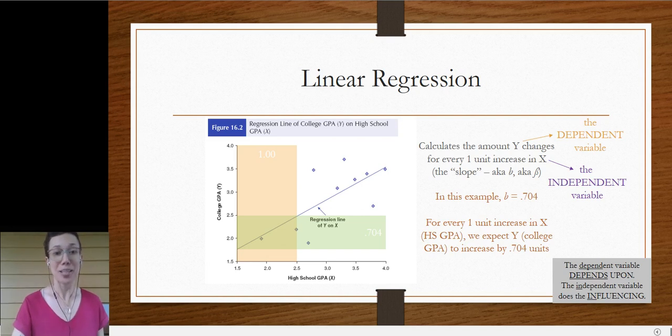All right, so this is essentially what linear regression is showing us. How much is that Y variable going to change as a result of the independent variable? How much is the dependent variable going to change as a result of the change in the independent variable? I'm just repeating it a lot of times so it can start to sink in. This is essentially what it's showing us.